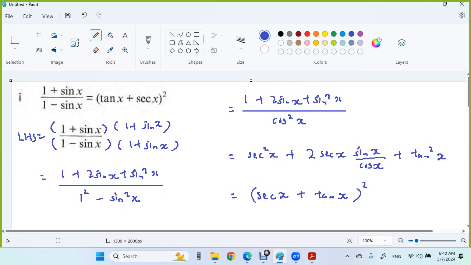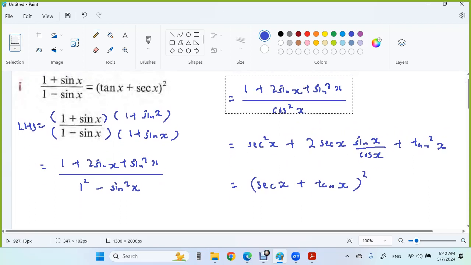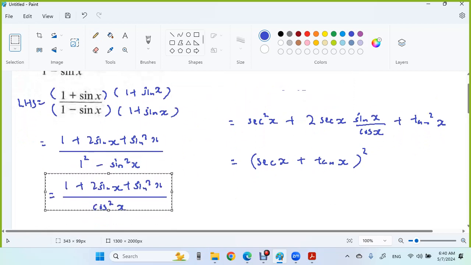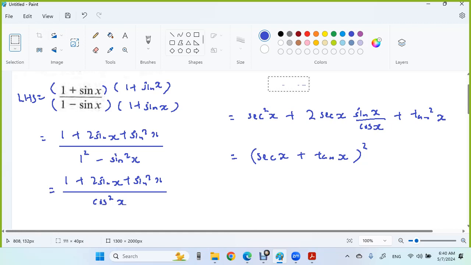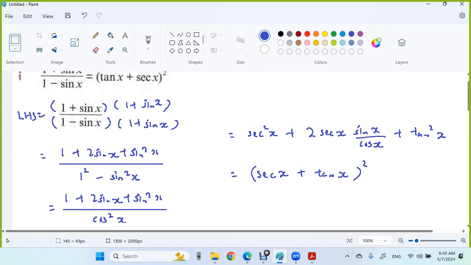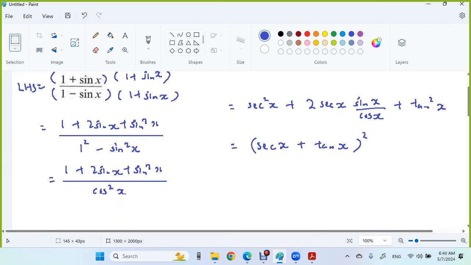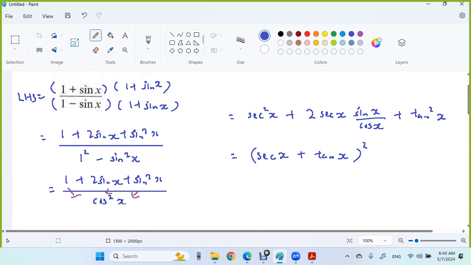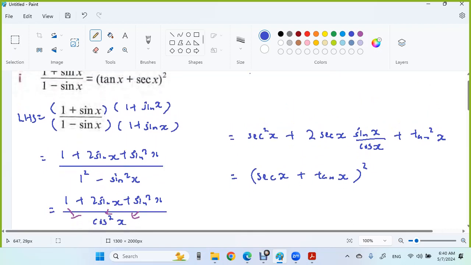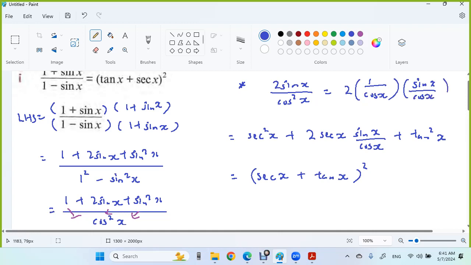Okay, so what happened here is we divide this, and then the 2 sine x over cos square x is 1 over cos x multiplied with the sine x over cos x.